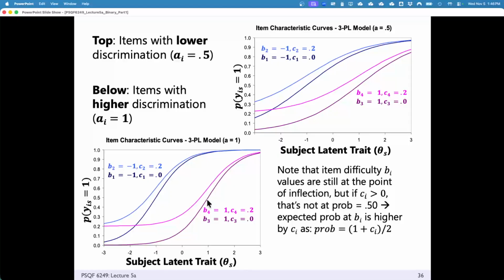Turns out the B parameter is also at the point of inflection, the point where the derivative of the tangent line starts to reduce. You can do the second derivative test to figure that out. It's the point of diminishing returns in probability. When you add the C parameter, it actually shifts the point of inflection up. So it rescales where it happens to be.